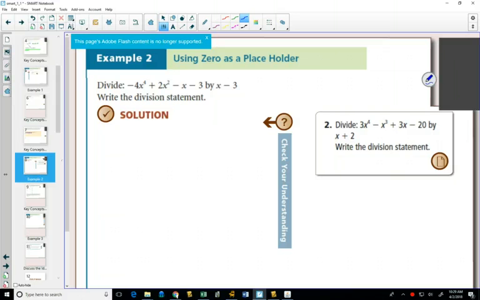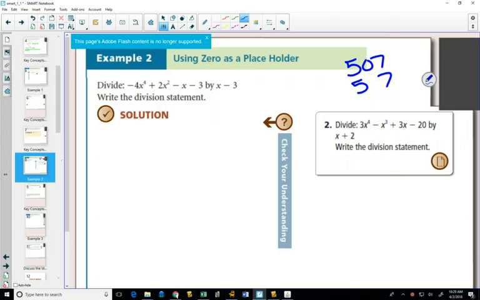In example 2, we add a new thing that becomes important with polynomials that never showed up with numbers. For example, in numbers, you would say, this is 507. No one ever says, zeros aren't important, we should just write this like that.